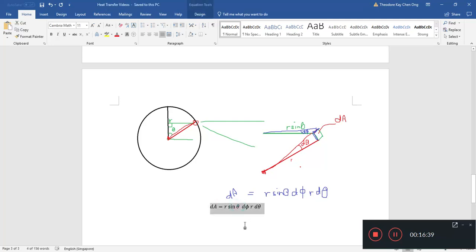If you write it simply, we have r squared sine theta d theta d phi. This is just compressing the above, rewriting.